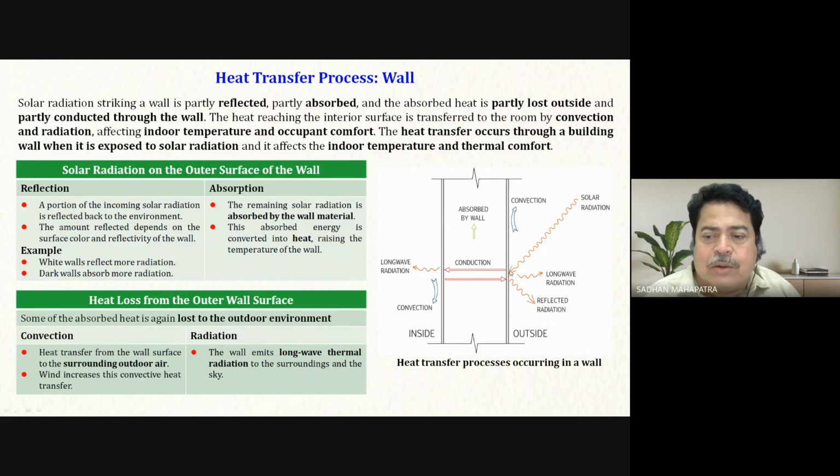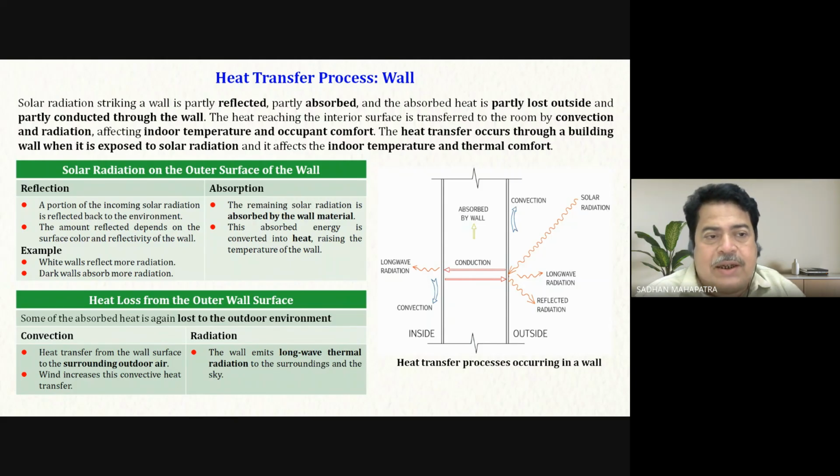What is the color of this wall? It can be dark or light. If it is dark, a greater amount of radiation will be absorbed and less will be reflected back. So the wall is very important for understanding how much heat will be gained inside the building or how well protected it will be.